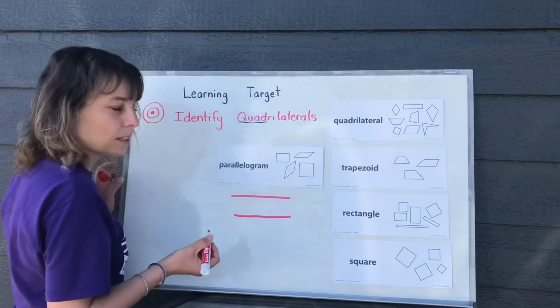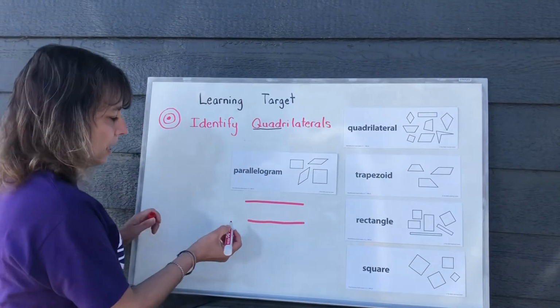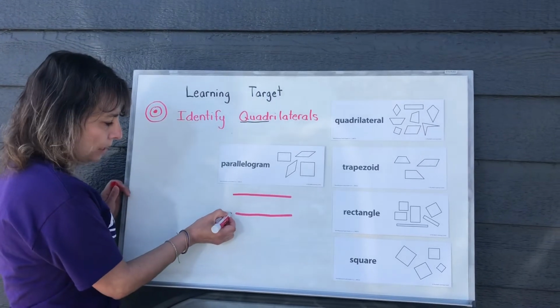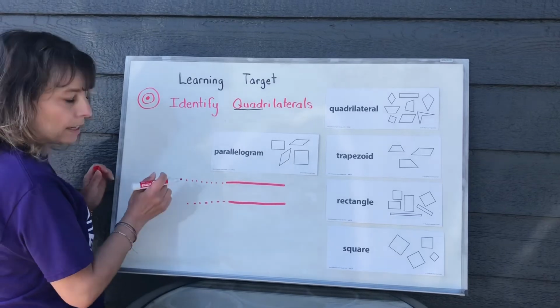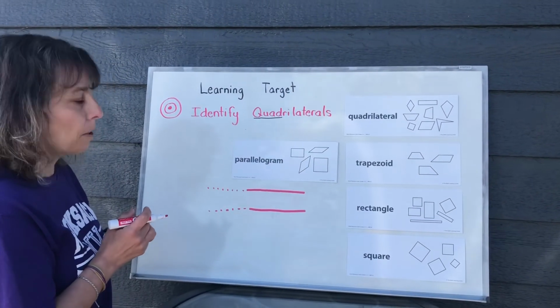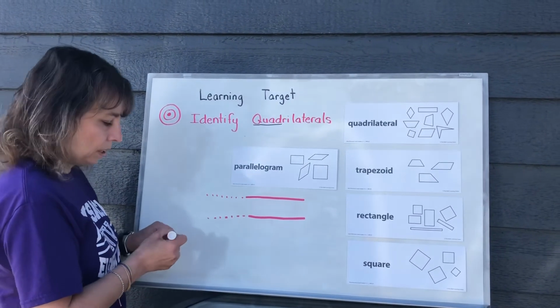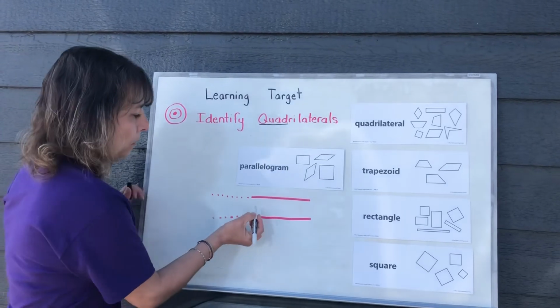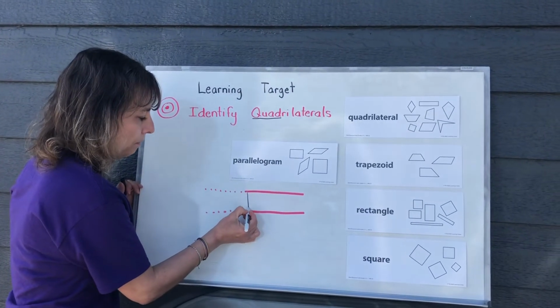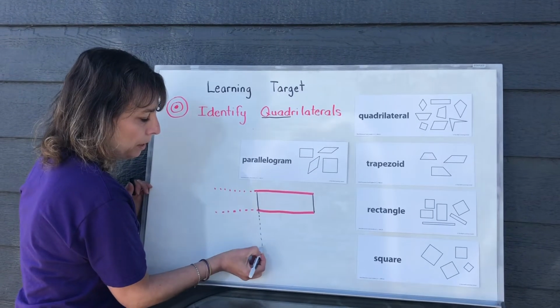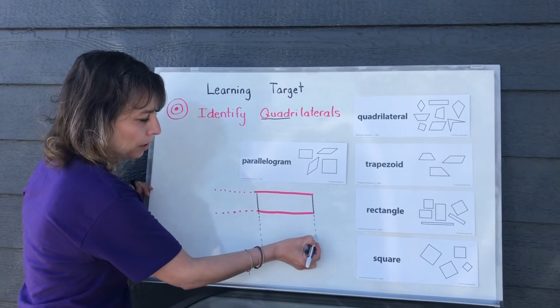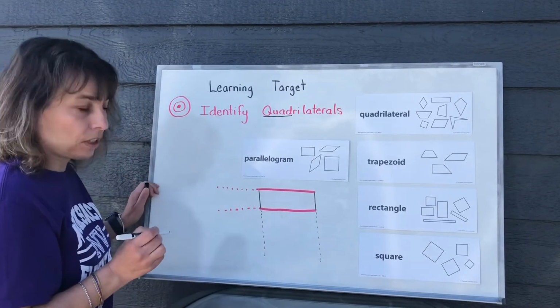So parallel lines mean they're never ever going to touch. They could keep going. If I kept going and kept going, these lines would never meet. So they're parallel lines. I could do the same thing with lines going this way and parallel. So this black line could keep going, and this black line would keep going, and they're parallel. They would never ever touch.